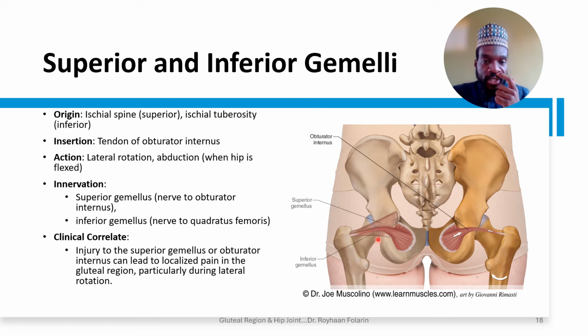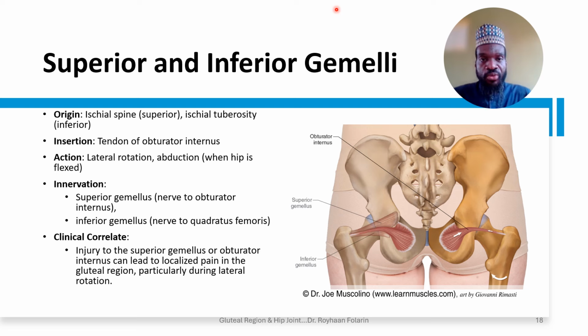They are innervated as follows: the superior gemellus is innervated by the nerve to the obturator internus, while the inferior gemellus is innervated by the nerve to the quadratus femoris.